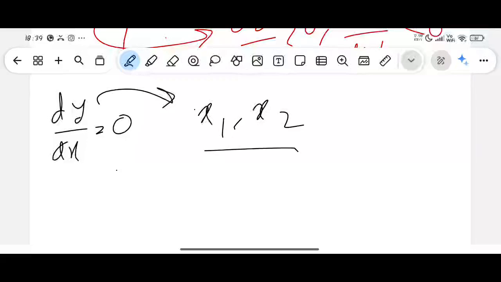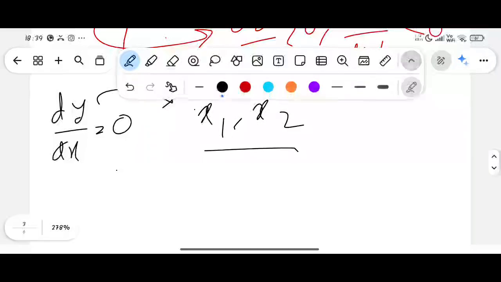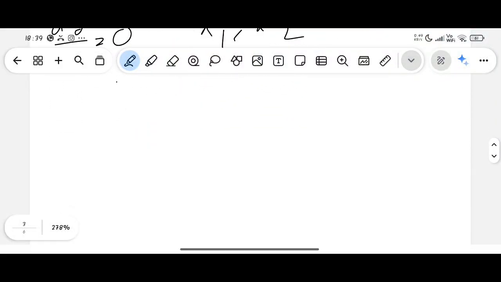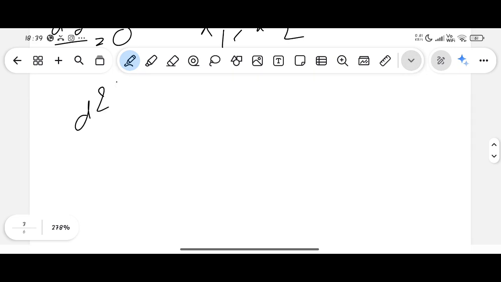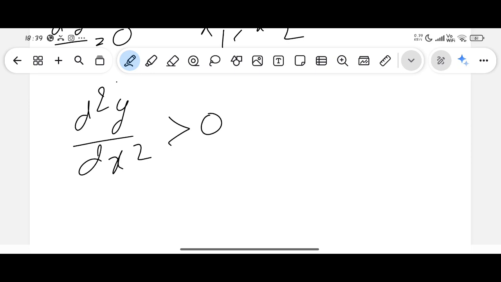Now what will be the minimum and what will be the maximum? There is a way to tell that, and here also d2y/dx2 helps us. Put x1 first in d2y/dx2, and if it's greater than 0, then we get a minimum value, either minimum or local minimum.